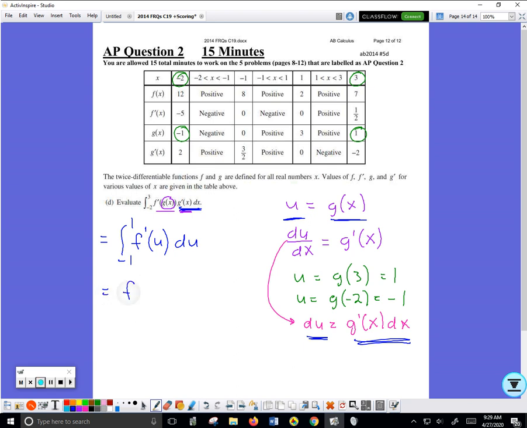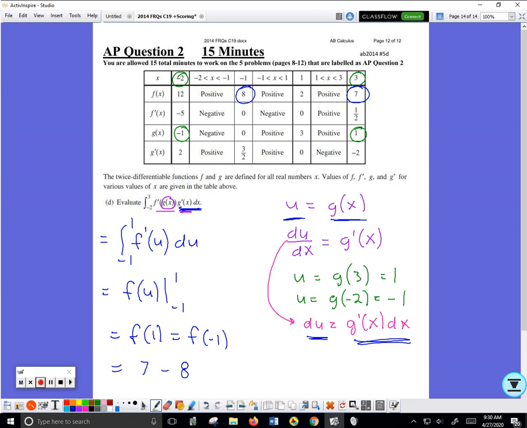This is f of u, and then bar negative 1 to 1. It should be f of 1, subtract f of negative 1, so looking up at the table, f of 1 is 7, f of negative 1 is 8.